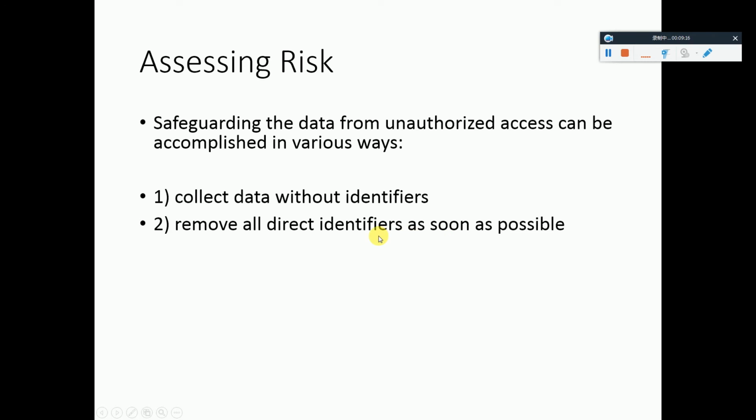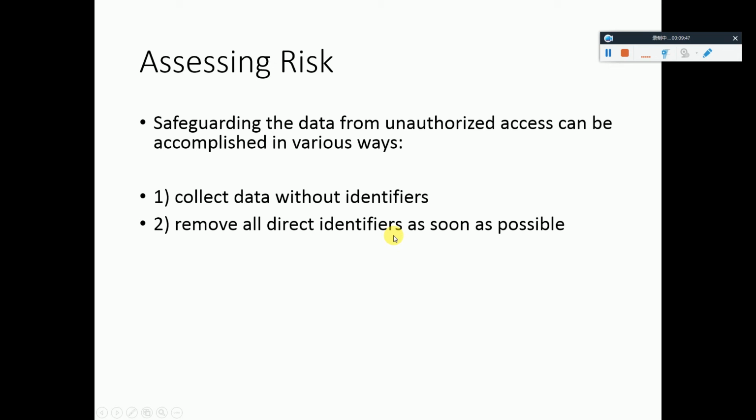That is, as soon as the function of the identifiers, such as names, is fulfilled. For example, it is common, not uncommon, for researchers to collect names so that they can pay the subjects for participation, right? So in that sense, the function of collecting identifiers is for reward purposes.